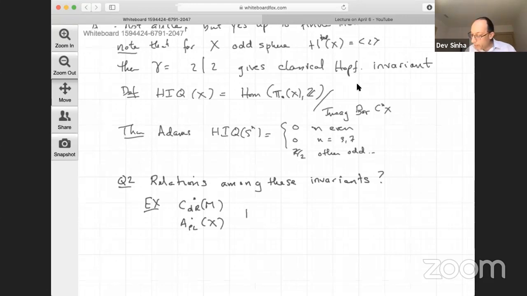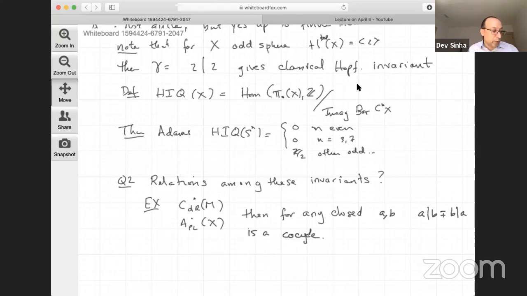Then for any closed A and B, you have that A bar B plus or minus B bar A is a cocycle. That's because we're using commutative cochains, but the resulting Hopf invariant will be 0.